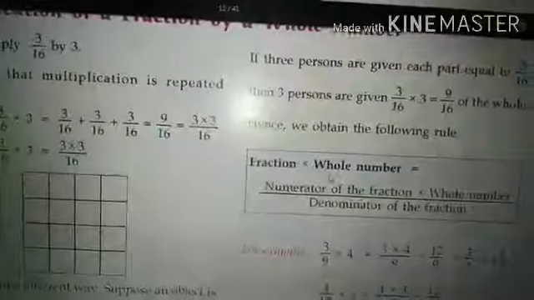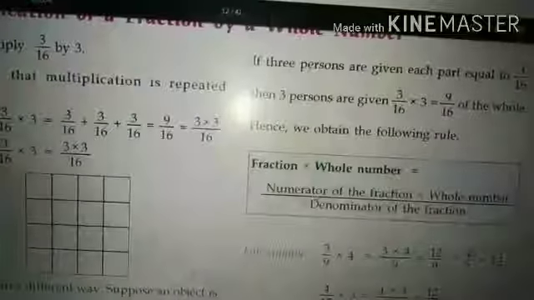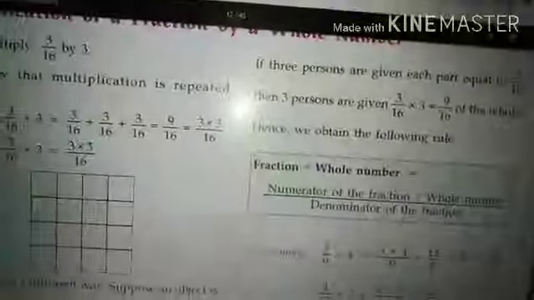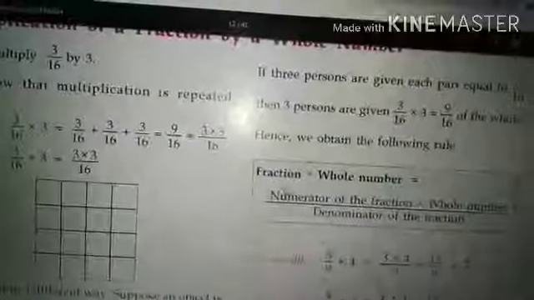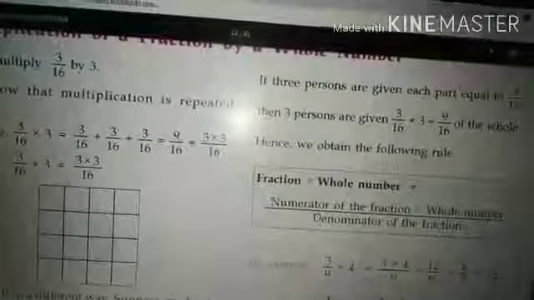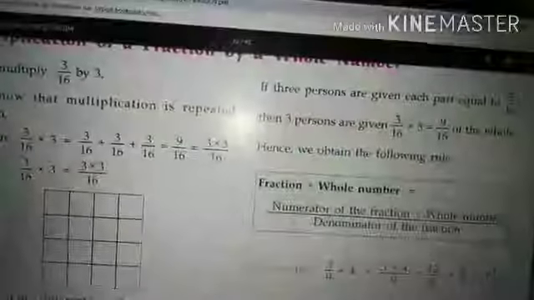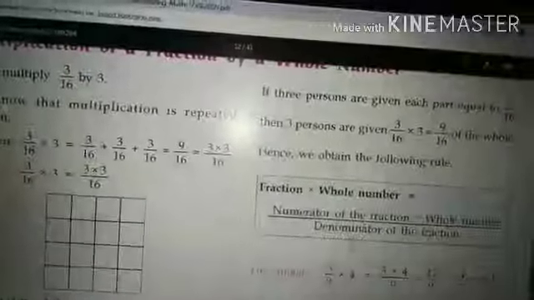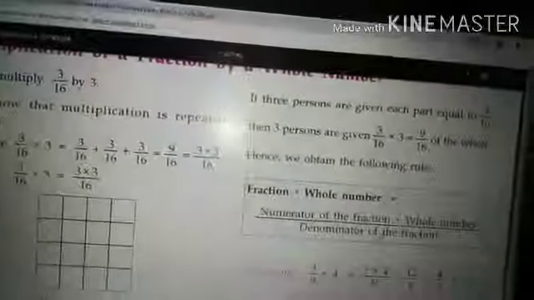That means the whole number will be multiplied only with the numerator of the fraction, and the denominator of the fraction stays as it is. So in multiplication of a fraction by a whole number, you multiply the whole number only with the numerator and put the denominator as it is.